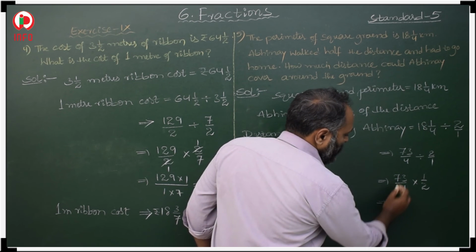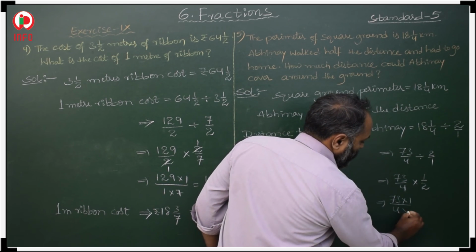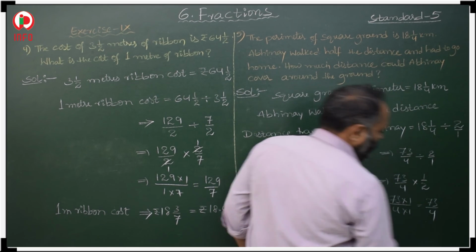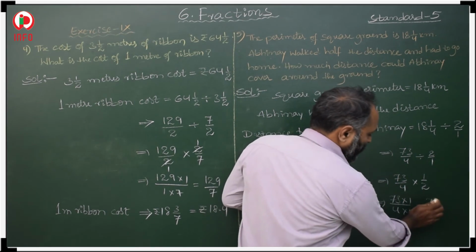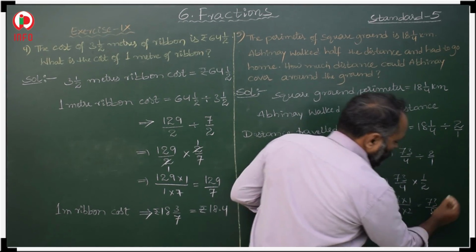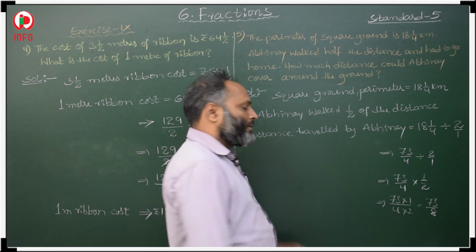That is 73 numerator with numerator and denominator with denominator. 73 ones are 73, and 4 ones are 4. Then 73, and 4 into 2 here: 4 2s are 8. This 73 by 8 we have to convert into a mixed fraction.